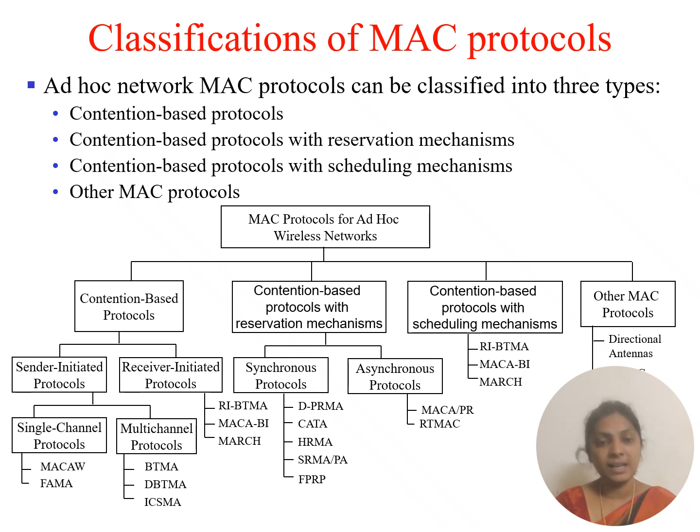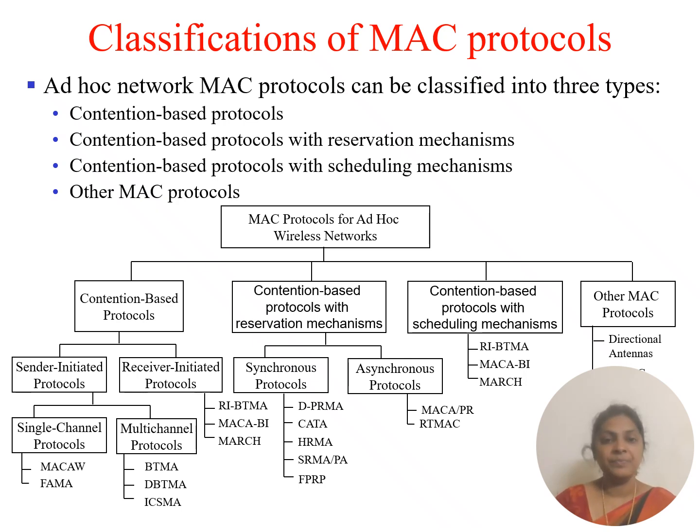Whereas the second categorization is contention based protocol with reservation mechanism. For example, when you go for real-time traffic like voice and video, live data transmission, live broadcast, at that time we have only a common shared broadcast medium.